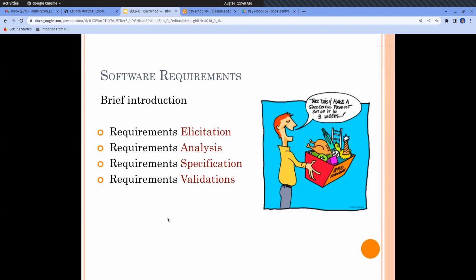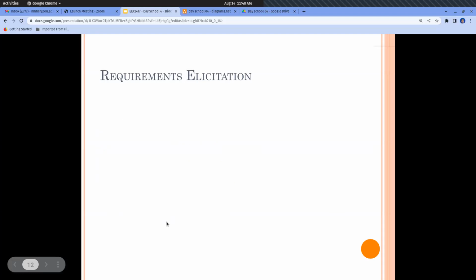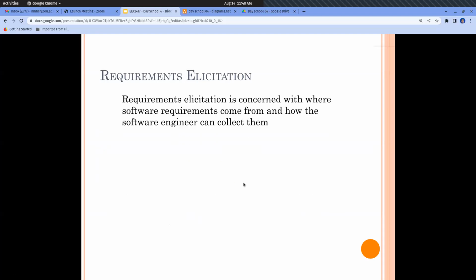Requirement elicitation is concerned with where software requirements come from, how these requirements come.